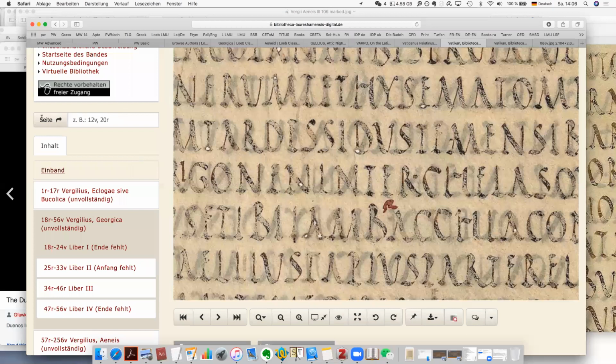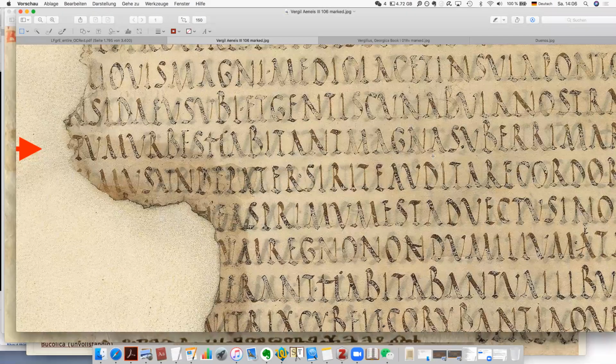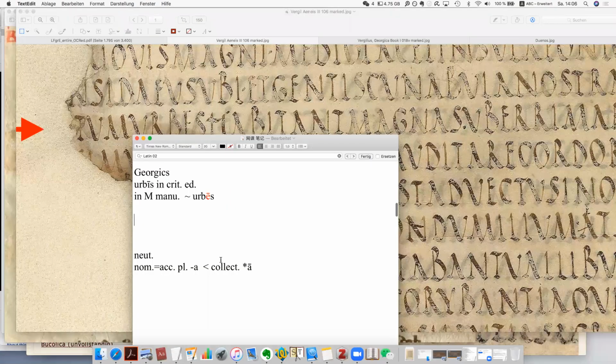So it's pretty early, right? About 500 years AD, of course, after Christ. Yeah. And then let's check the manuscript reading. So you see, this is "Urbis habitant magnas", right? So you find it. So do I need to put the text here?